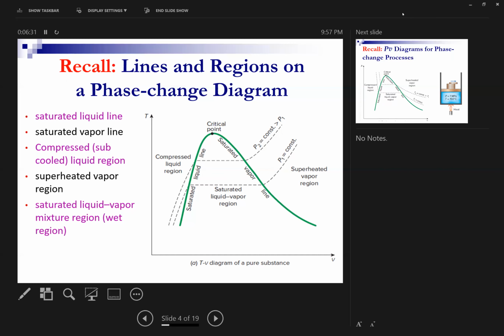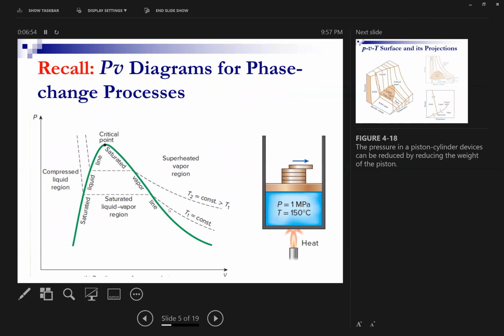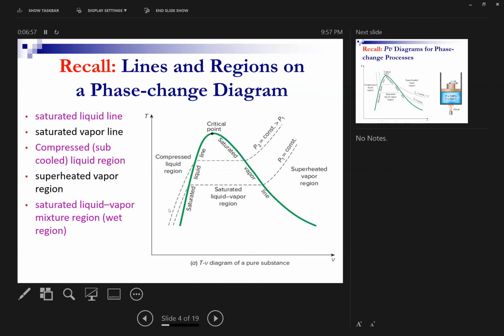Whatever we have on the left hand side of the diagram is compressed liquid, or what we call subcooled liquid, meaning that if, for instance, the temperature of water is given to you to be 20 degrees Celsius, let's say somewhere like this. Let me see how I can write with this. Here we go. Okay, here is my pen.